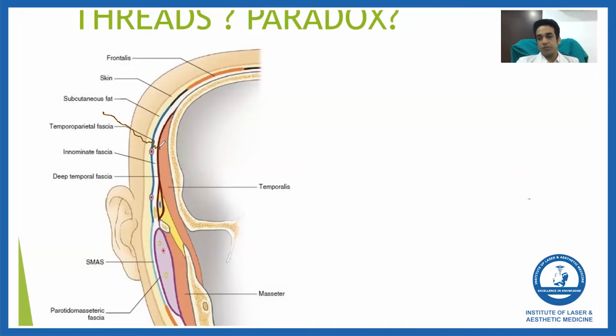The first thing I'm going to hit is the skin. Then I will be in the superficial fatty layer. Then I will reach a very important layer, which I want you to listen to very carefully, called the SMAS layer, or the superficial musculo-aponeurotic system.